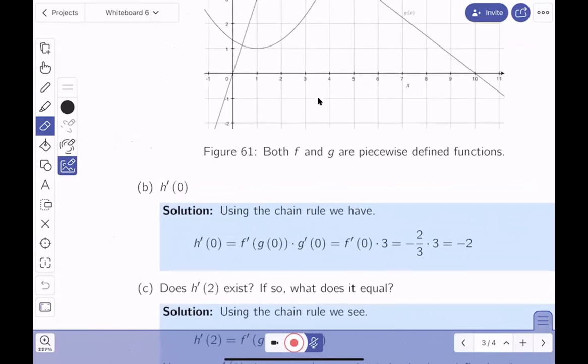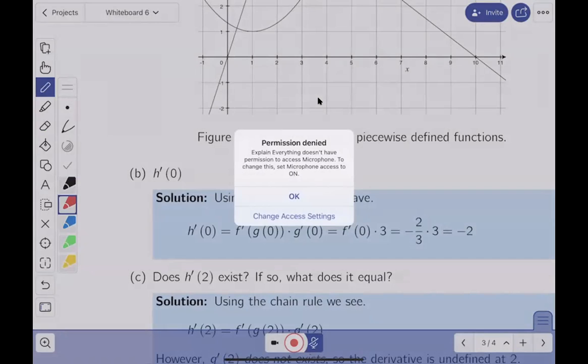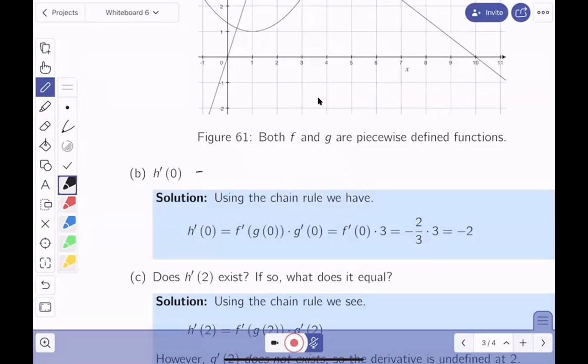I'm hoping it's going to be easy for me. So you have to remember what h prime of 0 is. And certainly on the prior page, I have some memory here, but may not be great memory. That's going to be f prime evaluated at g of 0 times g prime at 0.